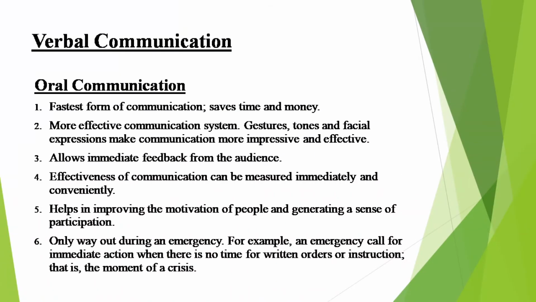Verbal communication, oral communication: fastest form of communication, saves time and money, more effective communication system. Gestures, tones and facial expressions make communication more impressive and effective. These are the various benefits of oral communication.